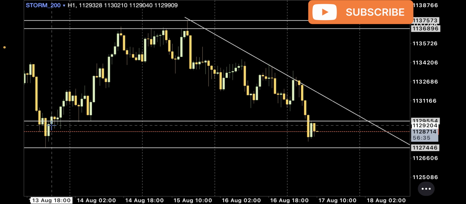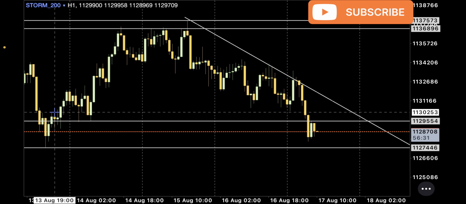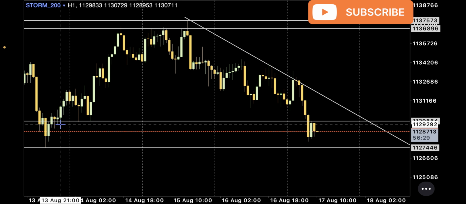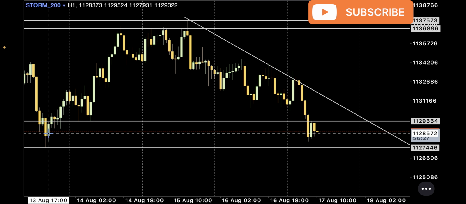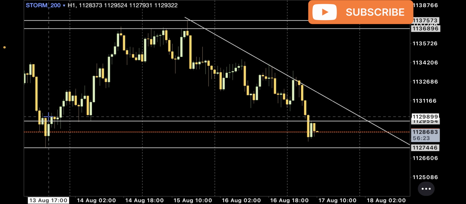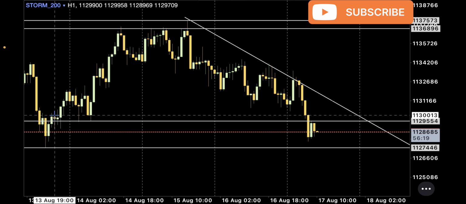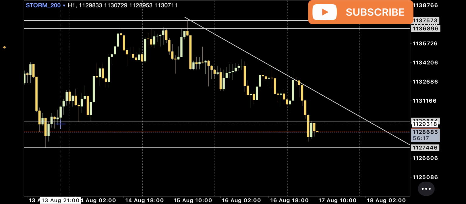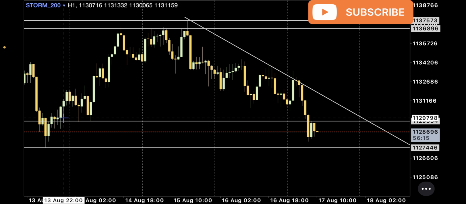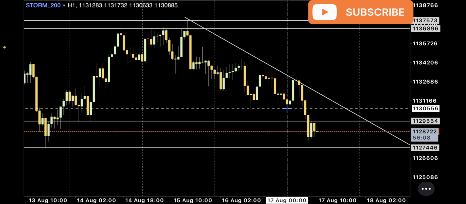Then the harami formed, and it came to close above the range, or above the zone. Make sure that you don't enter here, because it's a sell momentum, price can start going down. So you wait for price to close above the support zone. Then you enter to the upside.